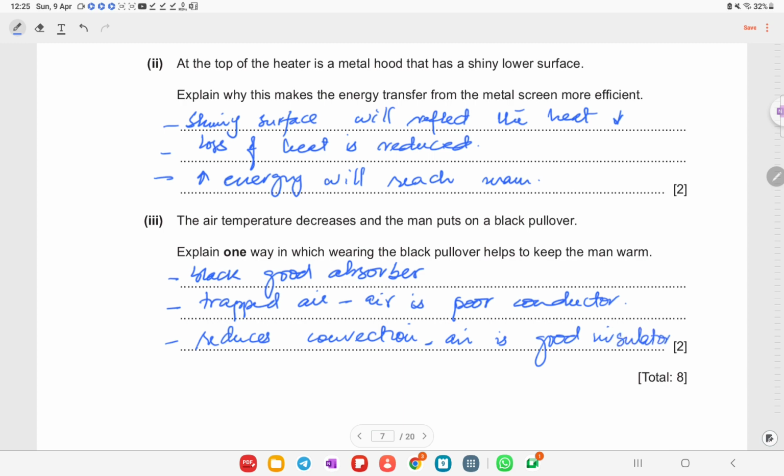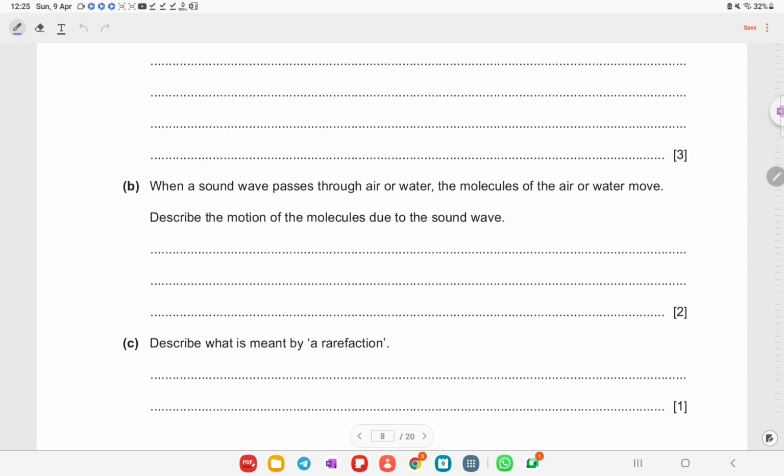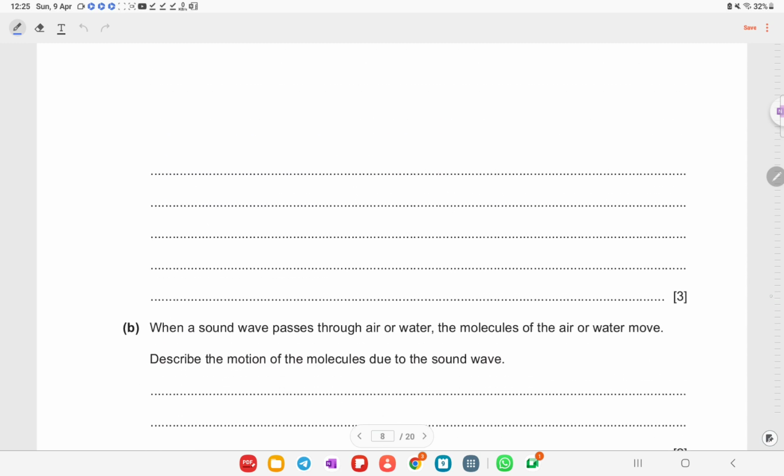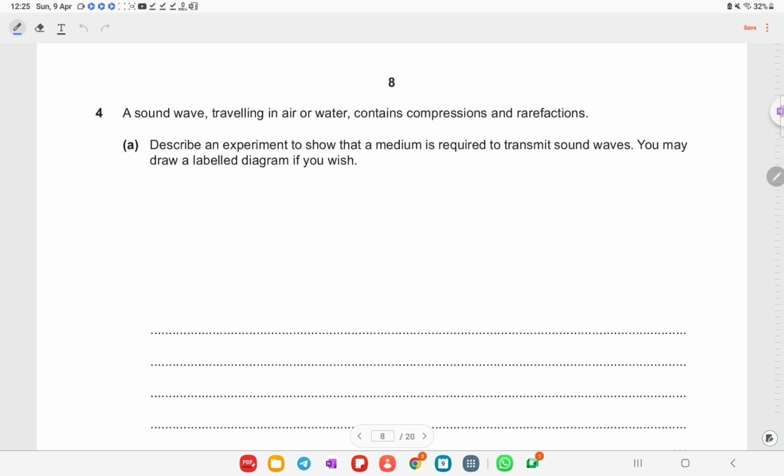So these are 3 points. You guys can write any two of these to justify your 2 points.